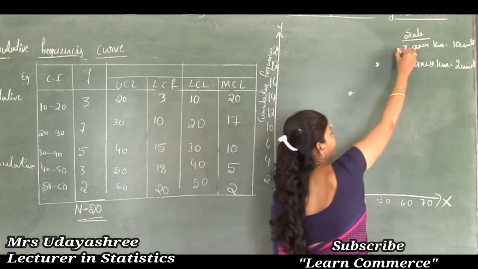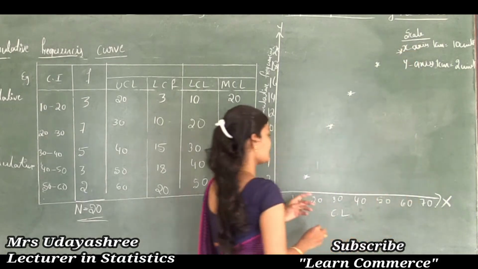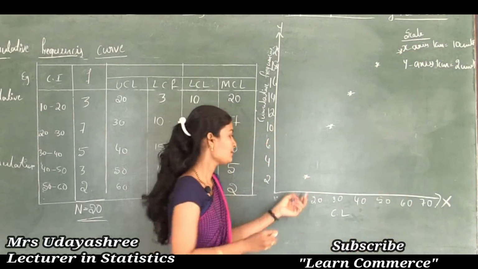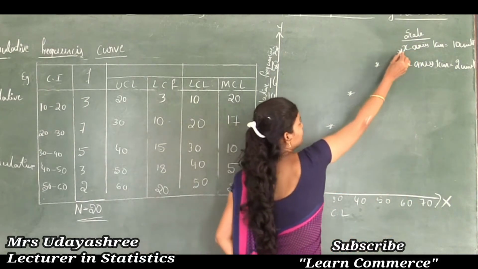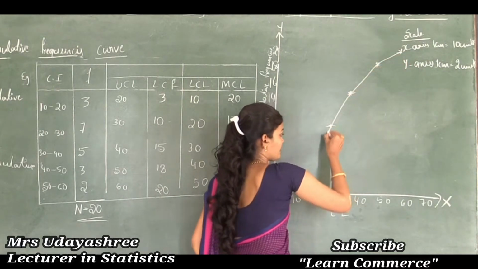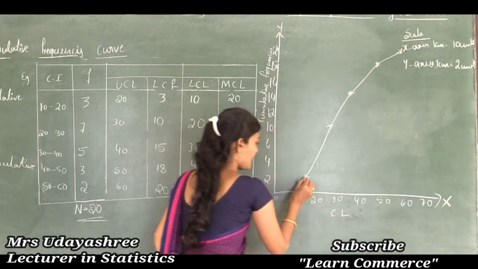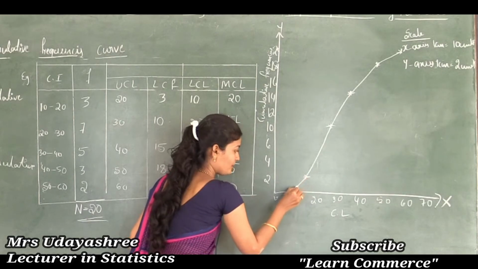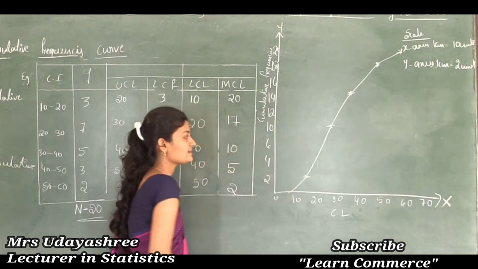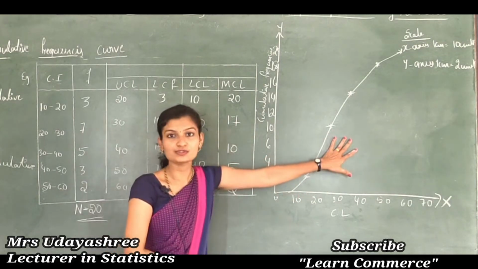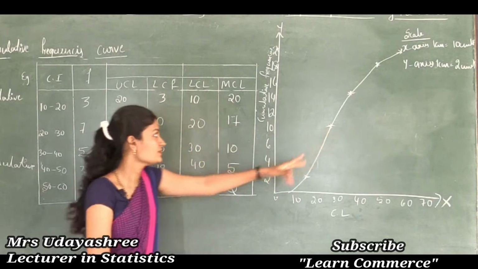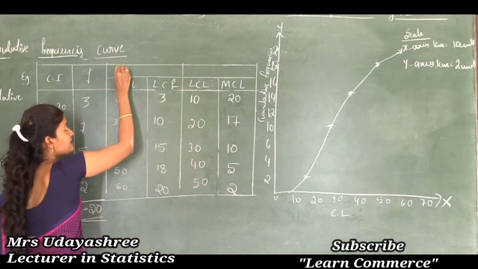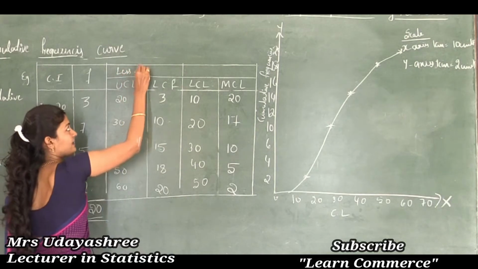Corresponding frequency 20 is here. After that I will join these plotted points by smooth curve like this. After that I will join this point to the x-axis like this. So this curve is known as less than ogive.